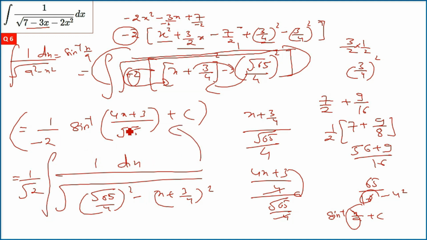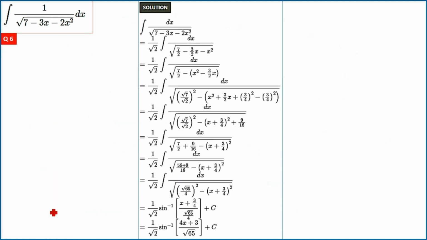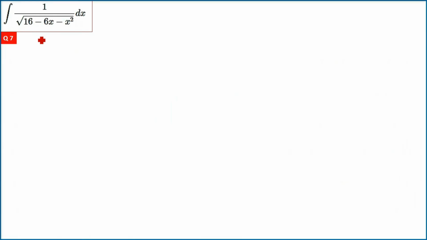So this will come as the answer, and 1 by root 2 will also be there because 2 was already there. So let me show you that this is the actual result which I was talking about. 1 by under root a square minus x square will give you sin inverse x by a. And this negative 2 which has come out, 2 you can take out as 1 by root 2, negative you multiply inside. Now 1 by under root 16 minus 6x minus x square.